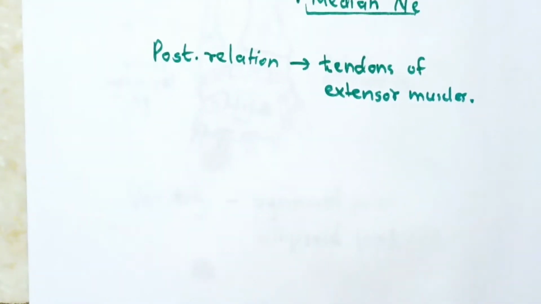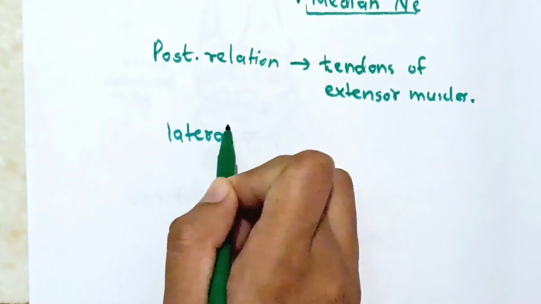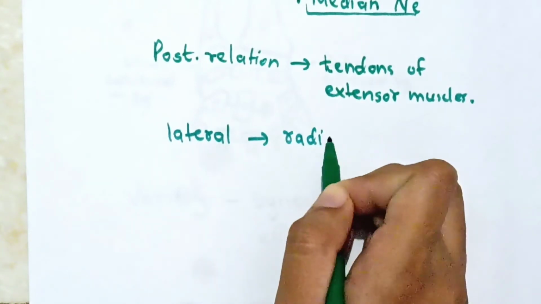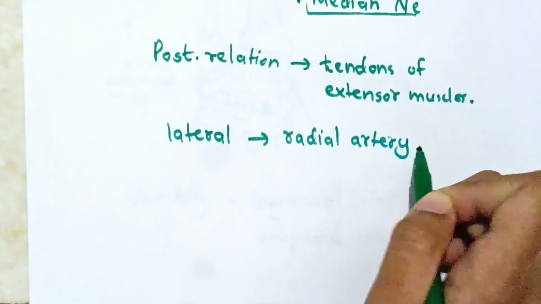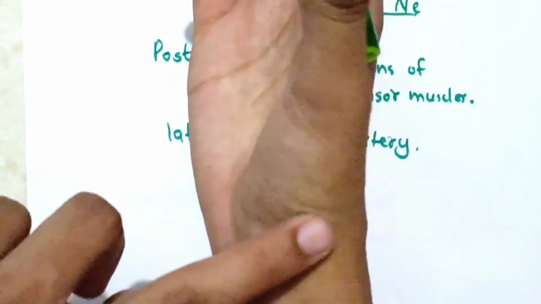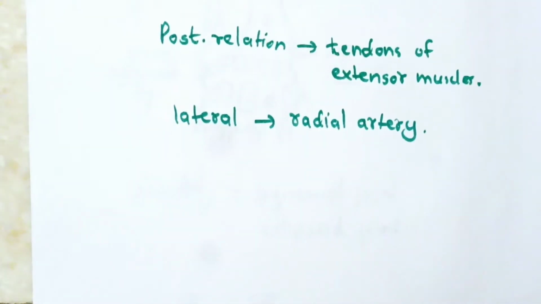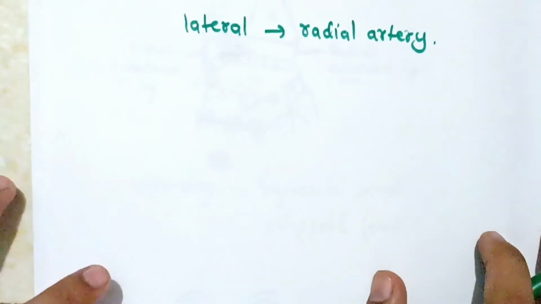Okay, and then we also have a lateral relation. So in lateral relation we only have the radial artery. It is passing laterally because it is passing from the snuffbox over here on the lateral side. That's why it is in the lateral relation. Okay, so we have completed the relations also.